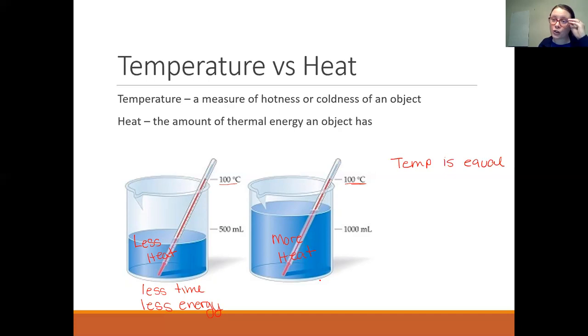There are more particles that we need to transfer energy to. If you think about it as far as when it's on the stove, it requires more time to heat. And the more time it takes for something to heat up, it requires more energy.